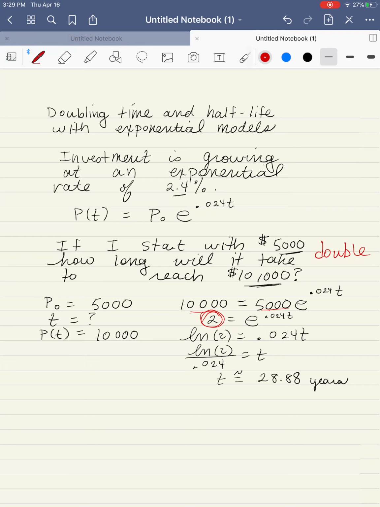And notice that my first step was to divide the 10,000 by the 5,000, and that gave me a 2. So if I started with $1 million, and I wanted to know how long it took me to get to $2 million, my first step would be to divide by the million.